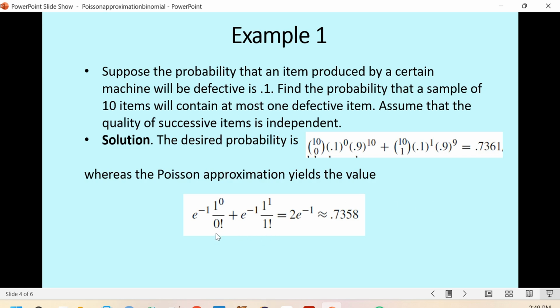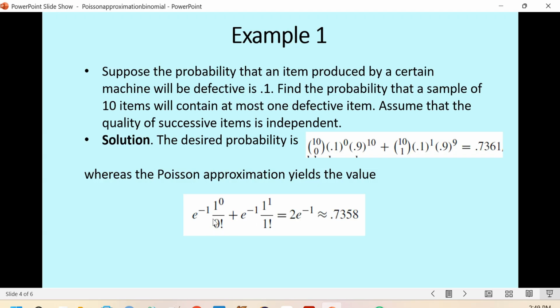Now if we use a Poisson random variable to calculate the probability of no more than one defective item, this is the same as saying we have a Poisson process with one time interval and np is 1, right? 10 times 0.1 is 1. So we also use two parts.